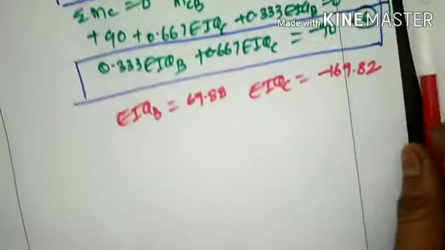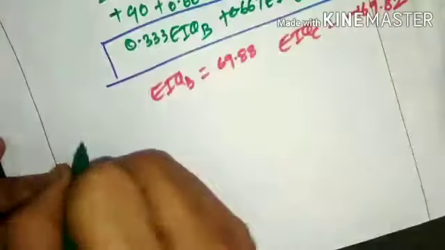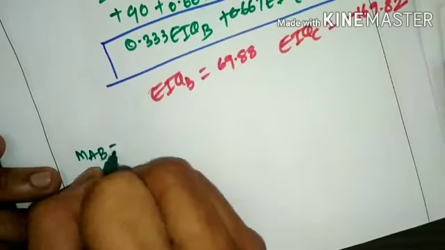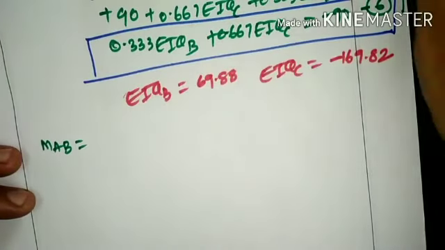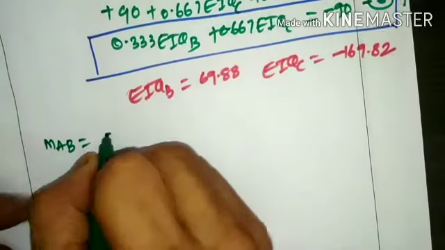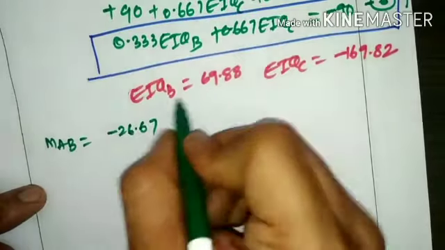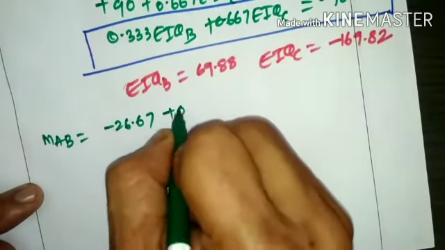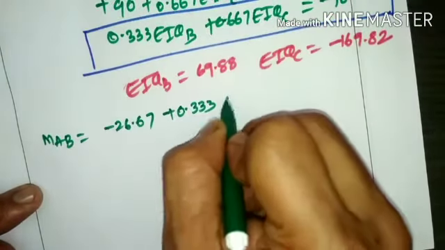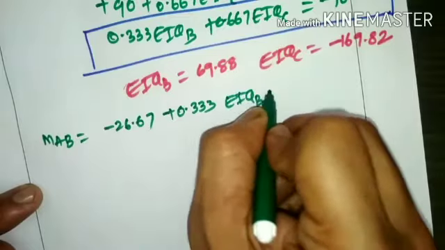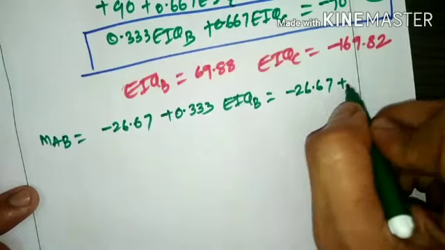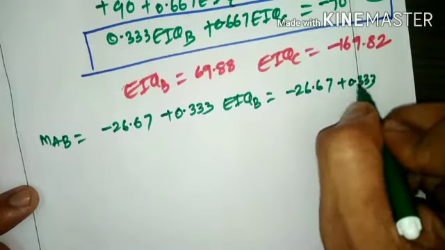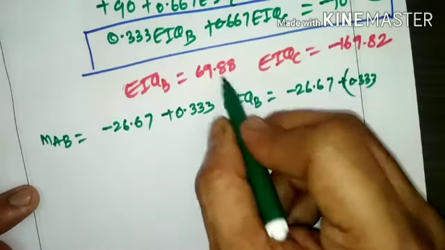When I substitute back, the slope deflection equation will be written as MAB is equal to, you need to refer to equation number 1. MAB is minus 26.67 plus 0.333 EI theta B. Substitute the value: minus 26.67 plus 0.333 into 69.88, the EI theta B value.